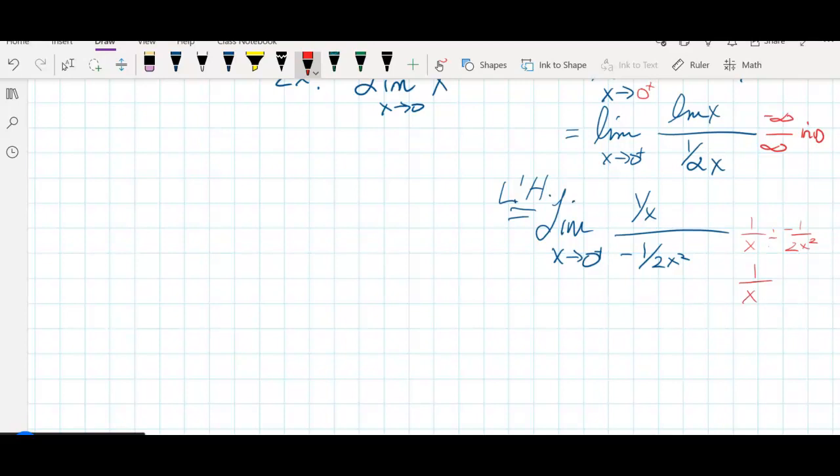Seriously, right? 1 over x divided by negative 1 over 2x squared is 1 over x times negative 2x squared, which equals what? So it becomes the limit as x goes to 0 of negative 2x. All that work, and what does it just equal? 0. That's it. All that work, and it just equals 0.